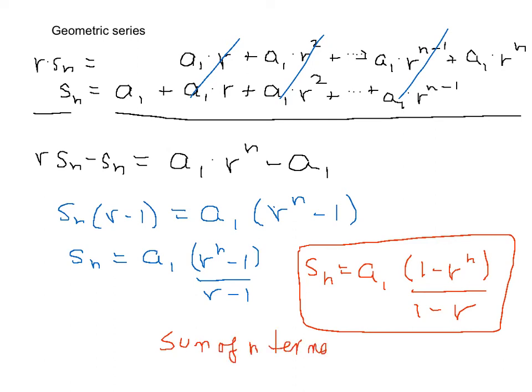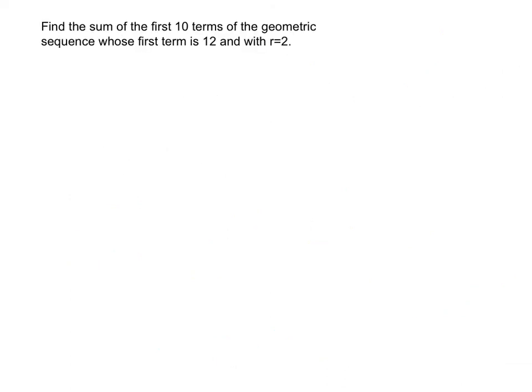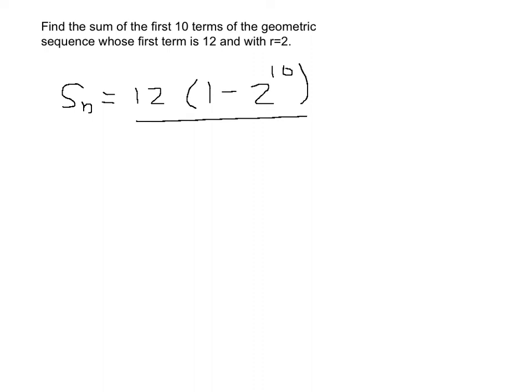Sum of n terms of a geometric sequence. Okay, so here's an example that we can play with. And if we use our formula, s sub n is equal to a sub 1 times 1 minus r to the n all over 1 minus r.